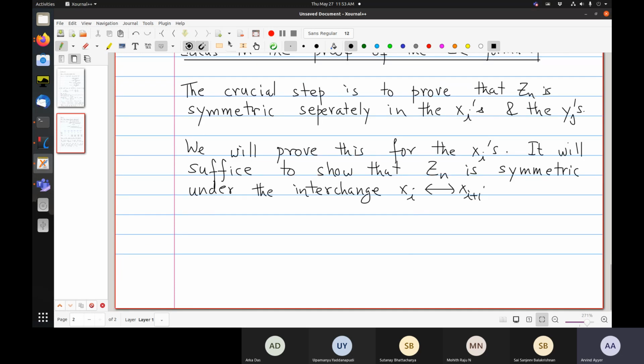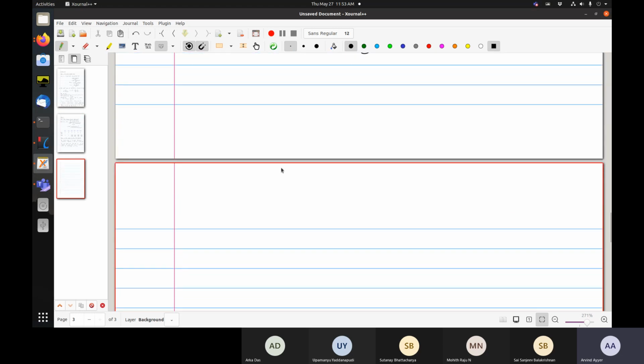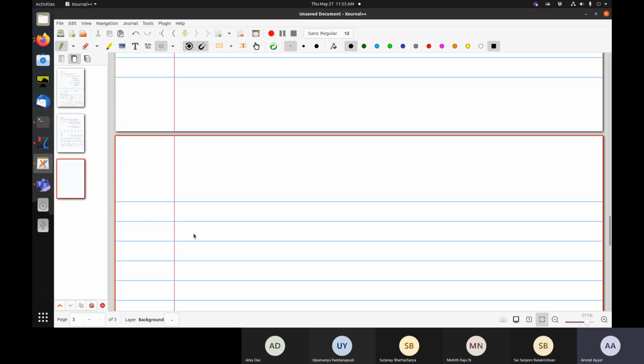Okay, so the key result here is a deep result, which is applicable in many other areas, and has applications in many contexts. It is the so-called Yang-Baxter equation.